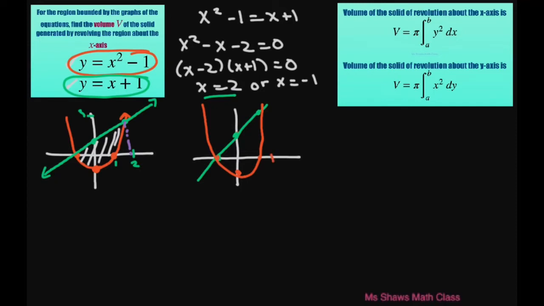Since it revolves around the x-axis, I can move this piece in here up. So I can move it up like this, right? And then I can just take this area in here. Well, not the area, the volume.